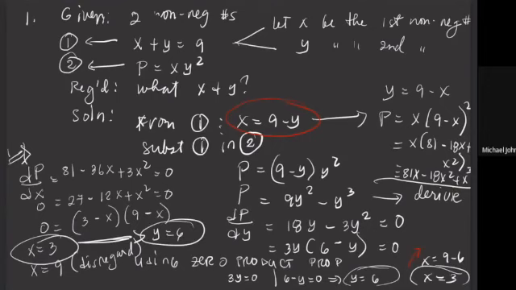The maximum product given our P equals xy squared should give us 3 times 36, and that is 108. Isn't it? Okay. So any question, class? All right.